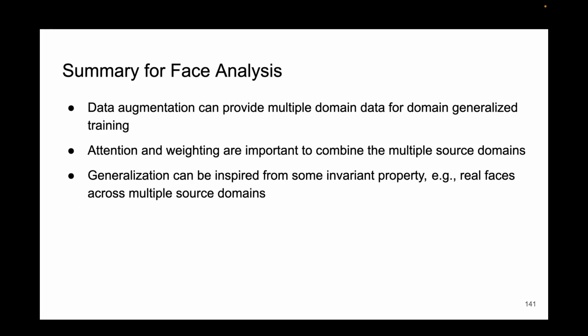And the last one is that generalization can be inspired by some invariant properties, such as in the face anti-spoofing application. A very interesting and inspiring assumption is that the real faces across different domains can share the same feature subspace, so they try to align them and push them to be as clustered, as close as possible.